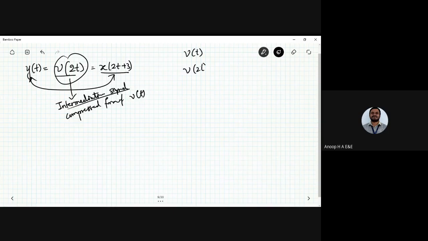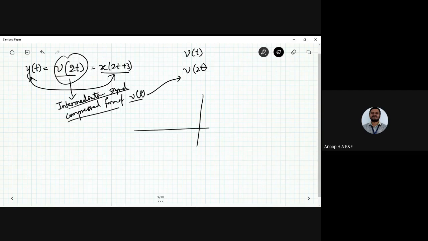V of 2t is the compressed version of v of t. So I know that v of 3t, v of 4t, v of 8t, whatever, are compressed versions. V of t by 2 is the expanded version. So now this is the compressed form of v of t, and I need to write it.